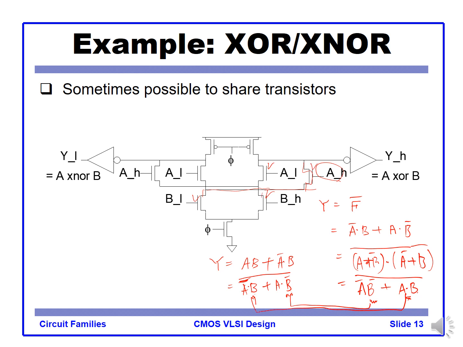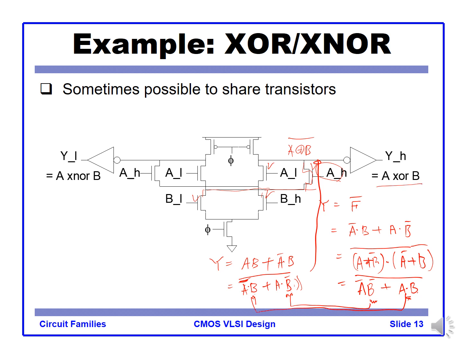This constructs the XOR, right? This part is A XOR B bar, right? This portion, and then its inversion gives us A XOR B.